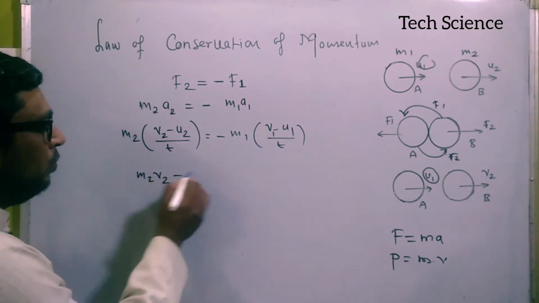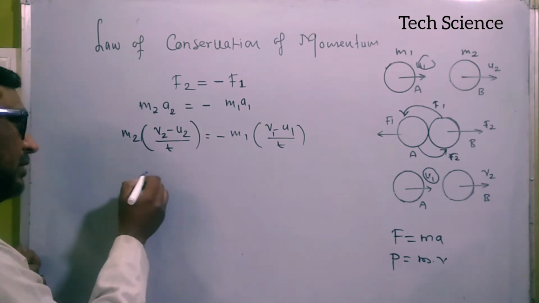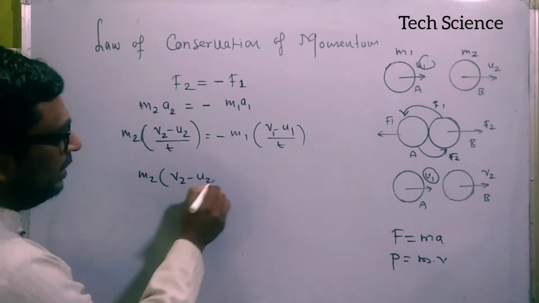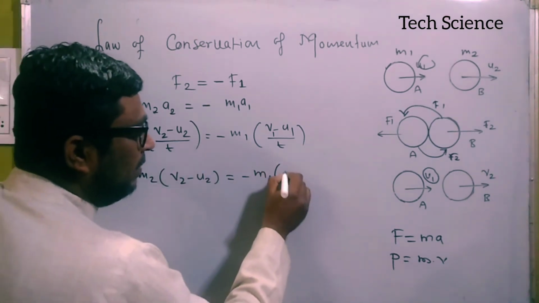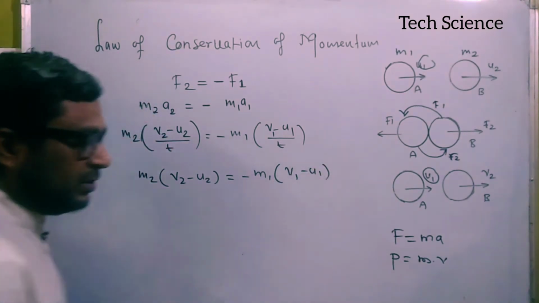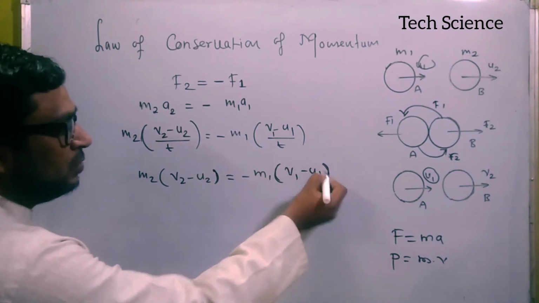Now what remains? Okay, let's try to find out in detail. m2 in bracket v2 minus u2 equals minus m1 in bracket v1 minus u1, as I am cancelling the time. Am I right? Now m2 multiplies the whole bracket, and m1 also multiplies the whole bracket.